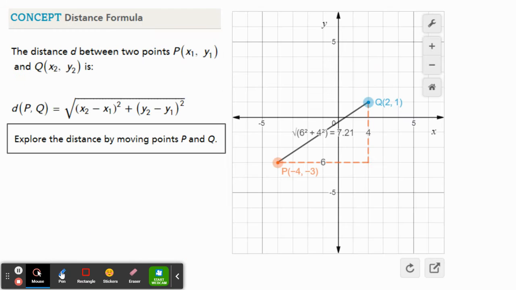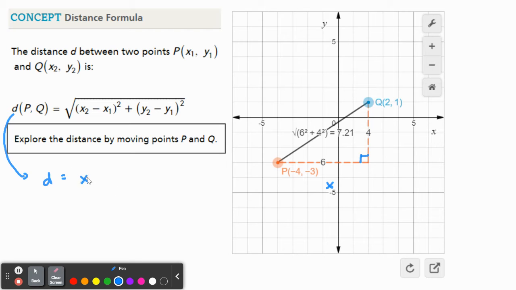Now, in my opinion, that's a big, long formula to remember, all right? But here it is again. I am going to suggest we do something different, okay? I'm going to suggest we lean more on the Pythagorean theorem. So if I want to find the distance between P and Q, we're going to call this horizontal segment of this right triangle the length of x.